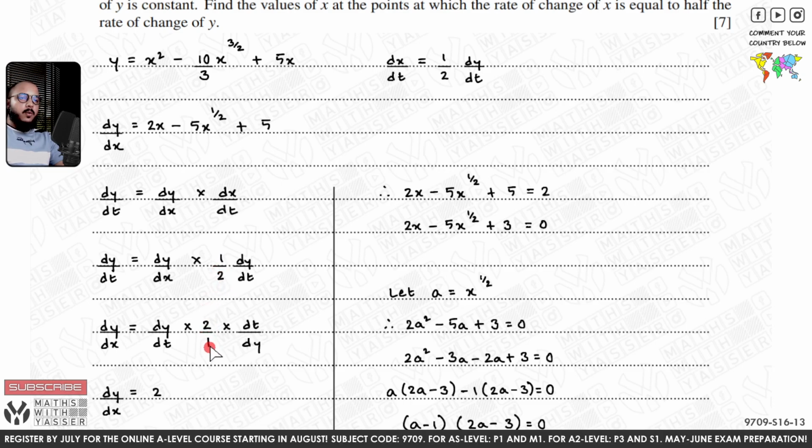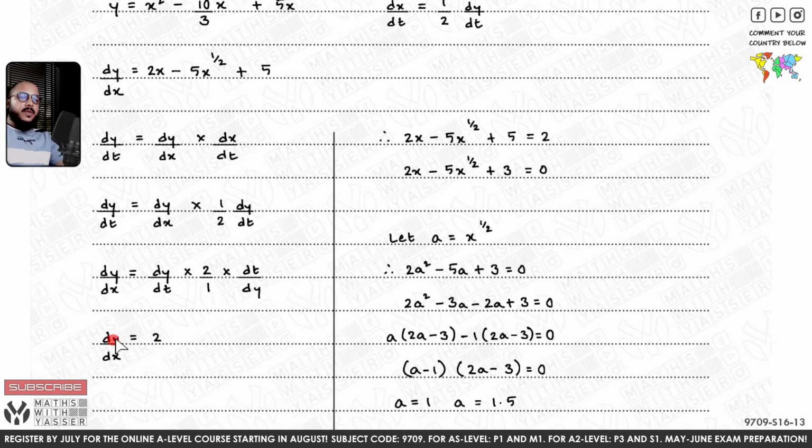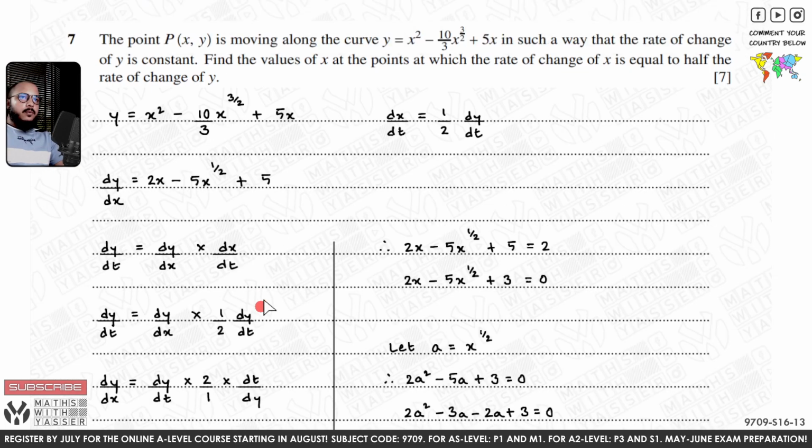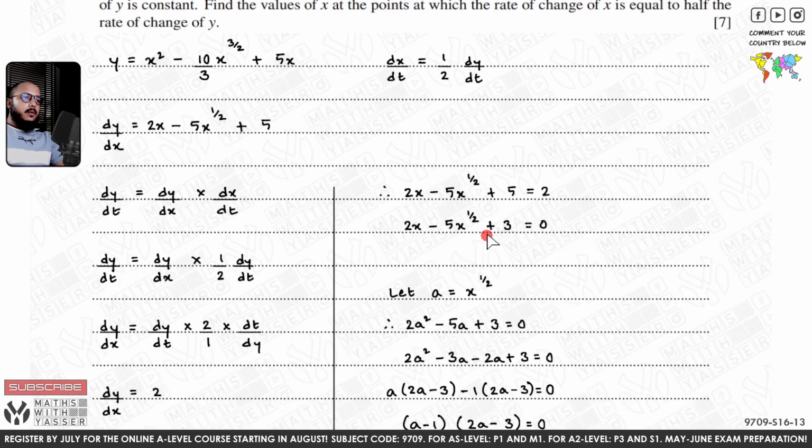It will become 2 over 1, and dy by dt will become dt over dy. Then you can see that dy and dy cancel out, and dt and dt also get cancelled out. So you are left with dy by dx is equal to 2. That means this equation is equal to 2, because dy by dx is equal to 2.